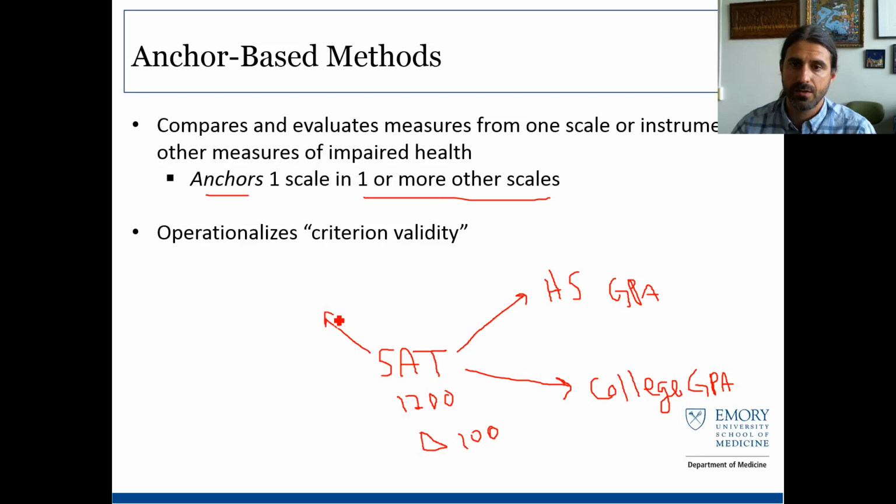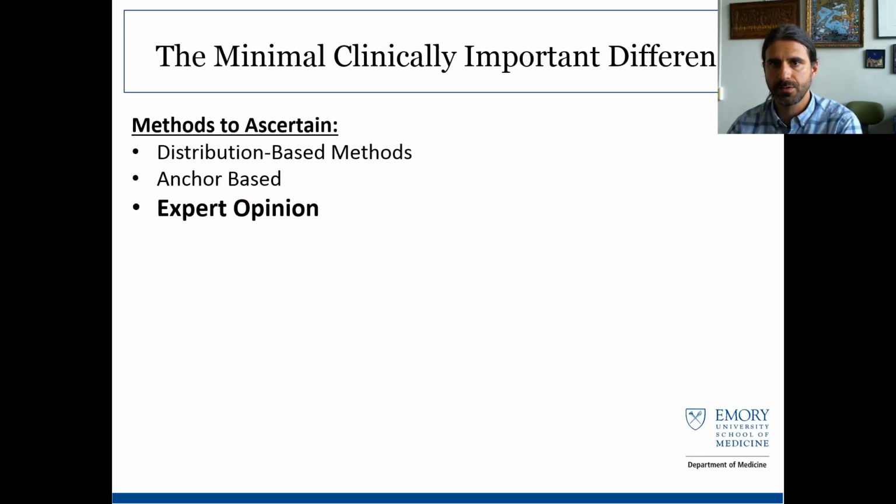If we wanted to anchor it in other important domains, we could look at salary in the future. Is it correlated with salary in the future? So these are just some examples of how you can use other measures to anchor the measure you're interested in, and you're anchoring it either at a threshold or at a delta, an important difference, like I put 100 here. The numbers here I'm just pulling off the top of my head. These aren't meant to be completely real life examples.